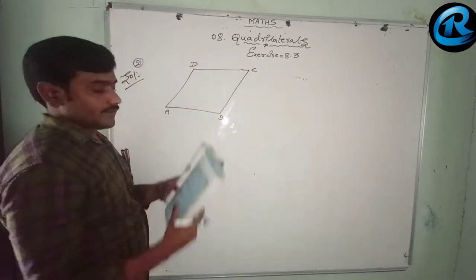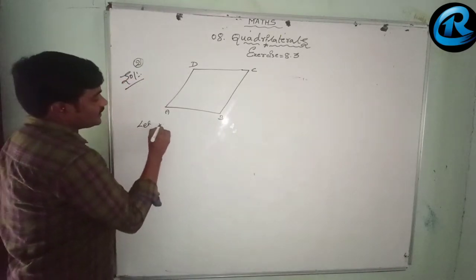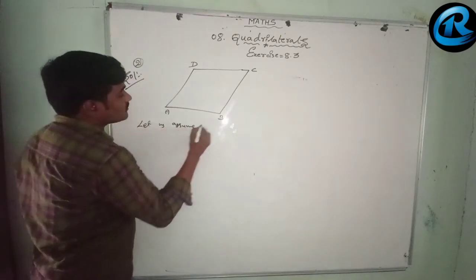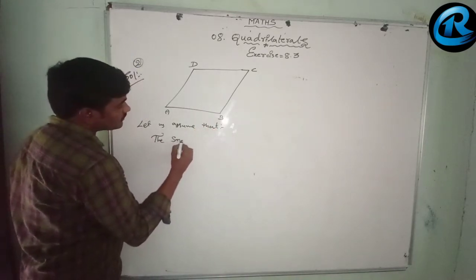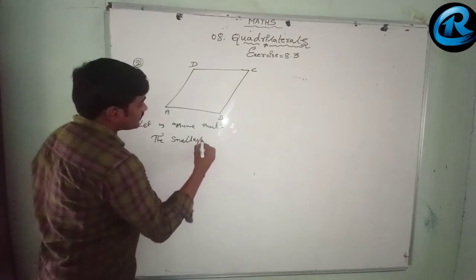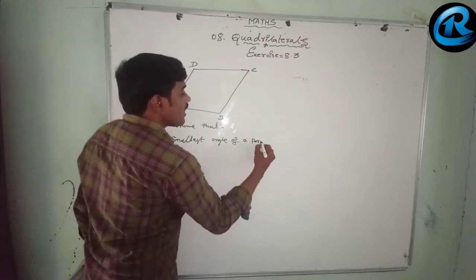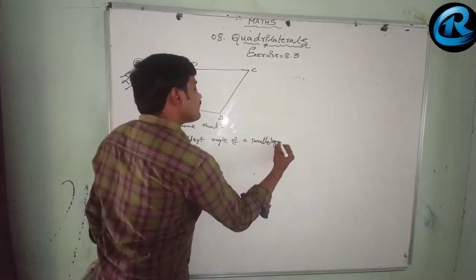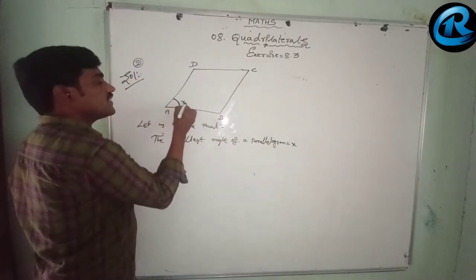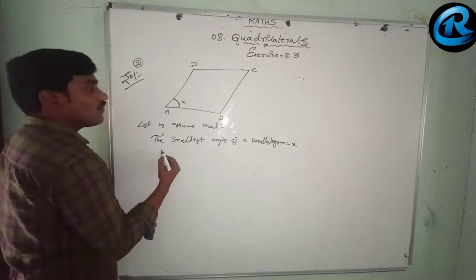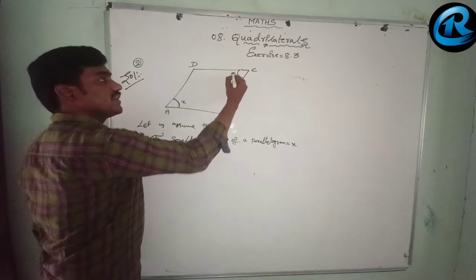We don't know the angles, so let us assume that the smallest angle of a parallelogram is equal to x. Then here also we get x only, because opposite angles will be equal.